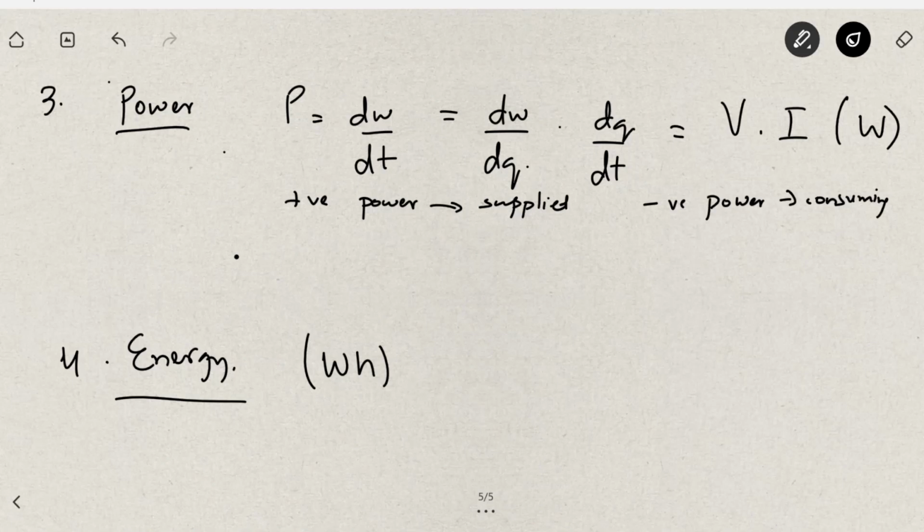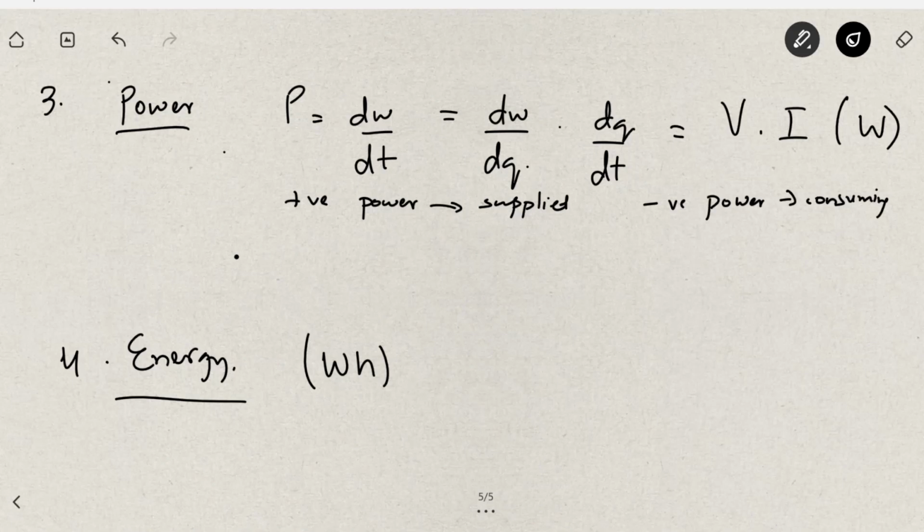If you are running a geyser that's rated 1 kilowatt, and this geyser is on for 1 hour, that means you are consuming 1 kilowatt hour of energy, that means 1000 watt hours of energy. Now 1 kilowatt hour of energy is what is measured by our electric meters, power meters. So 1 unit is equal to 1 kilowatt hour. We are charged based upon how many kilowatt hours of energy we are consuming.